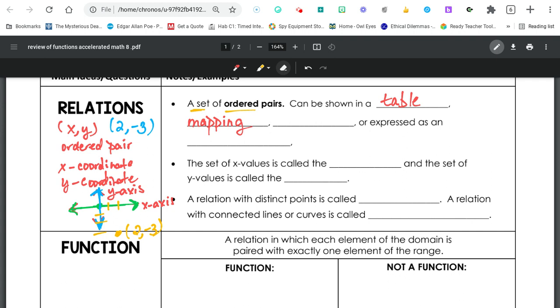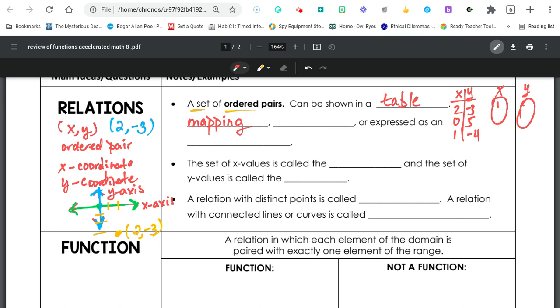I'm going to write the table a little smaller. I don't know what I had up here, but I'm just making up something. So that's the table. The mapping will look like this. You have one oval, which will be representing your X coordinates, and the second oval, which will represent your Y's. Excuse my ovals. I'm doing the best I can.